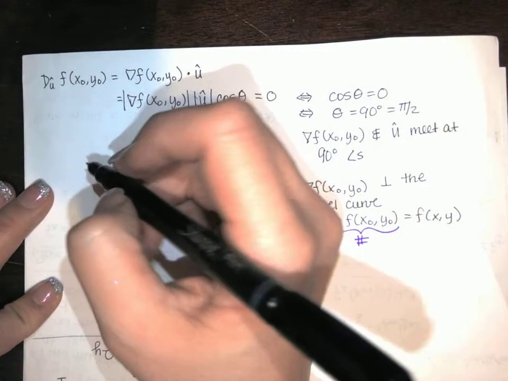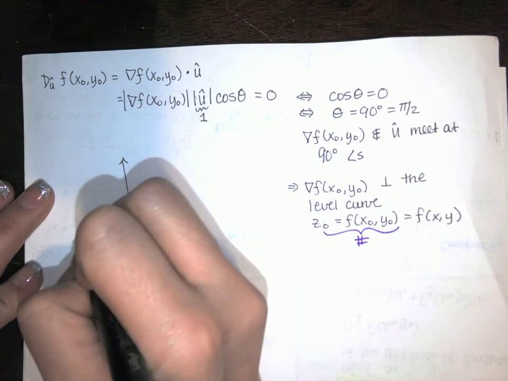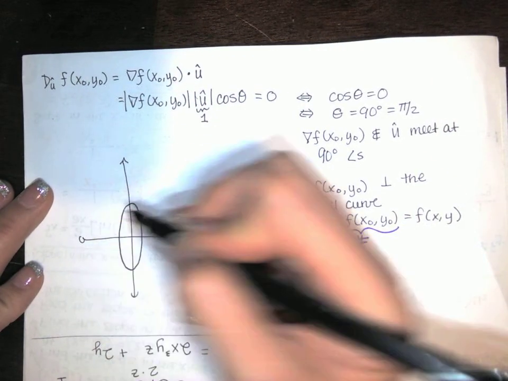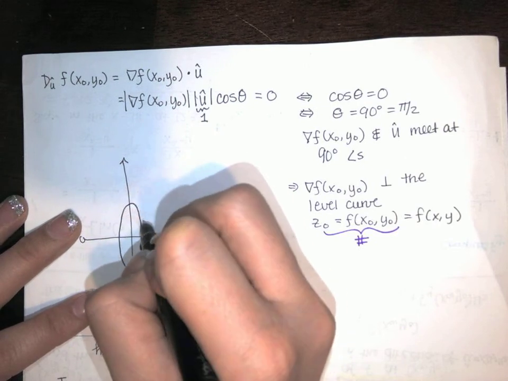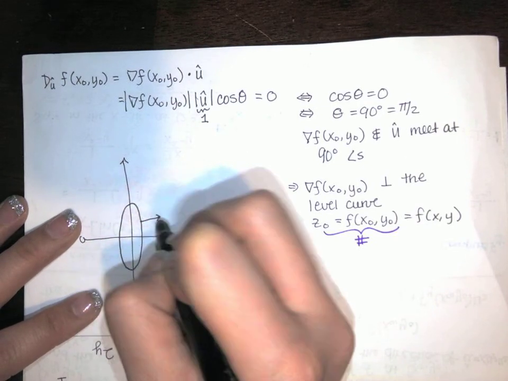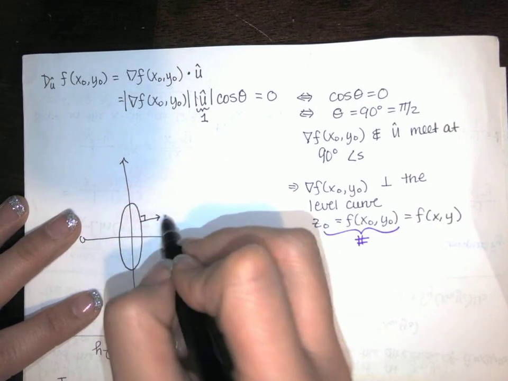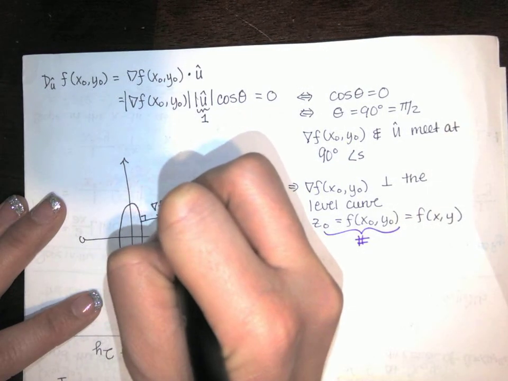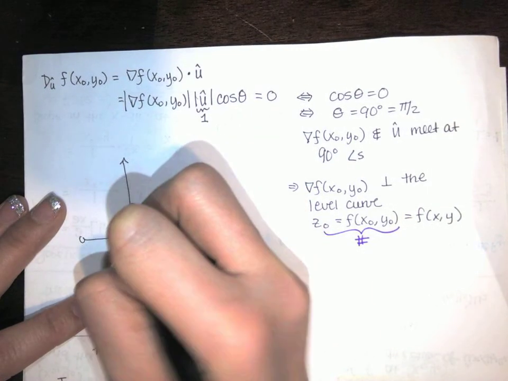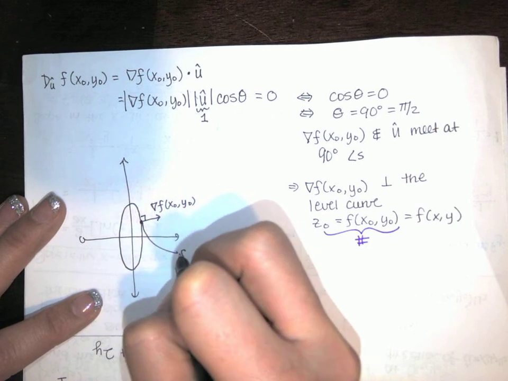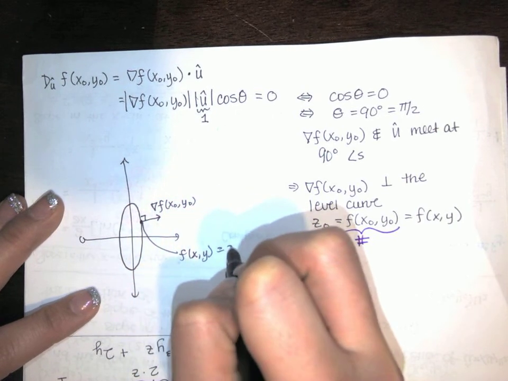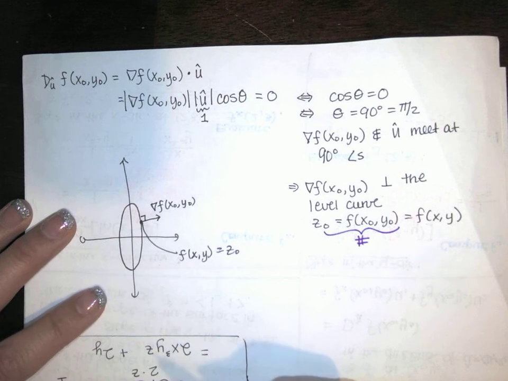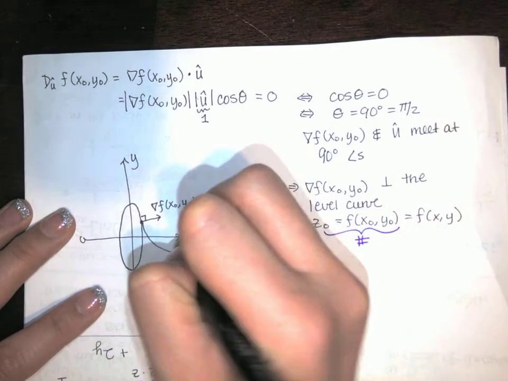Let's say our level curves look like this. If the gradient is telling me to go this way to increase my z values as much as possible at that x naught, y naught, this is f of x, y equals z naught, where z naught is f of x naught, y naught. That's that location. We're in the xy plane looking at a level curve.